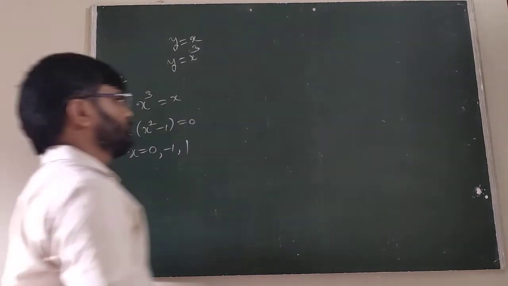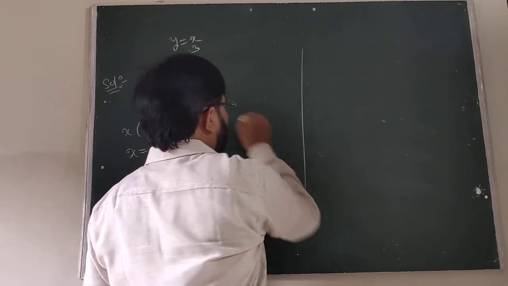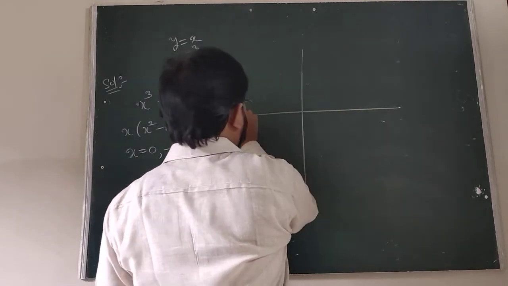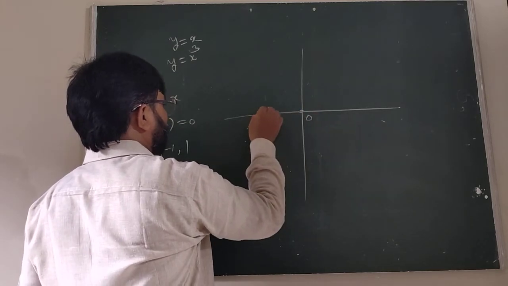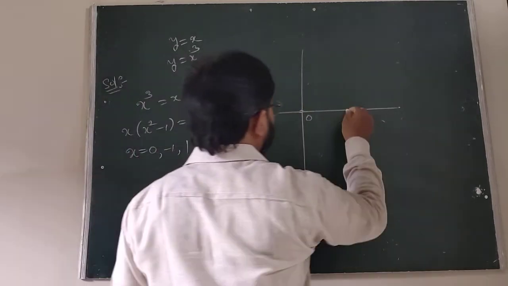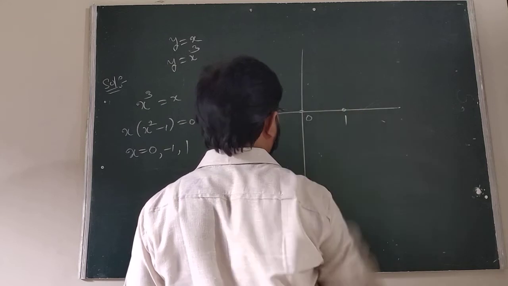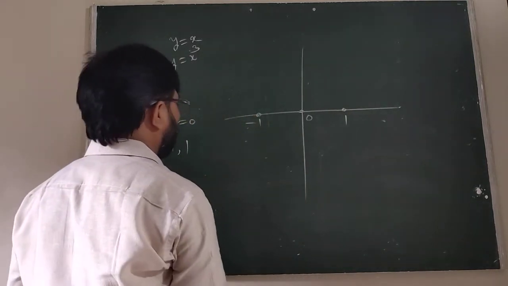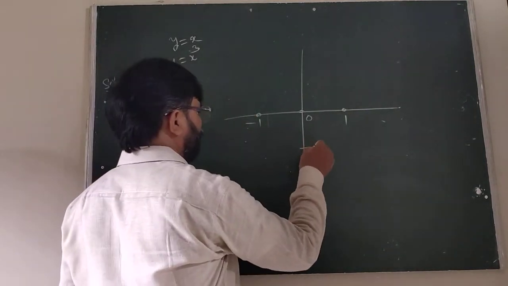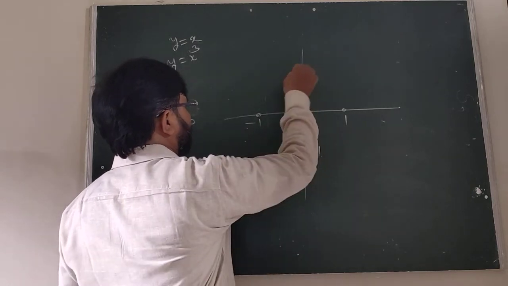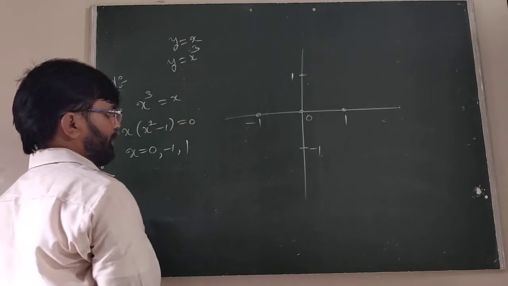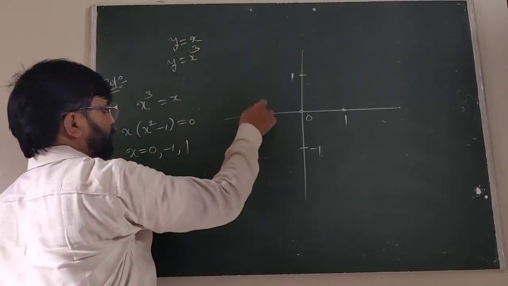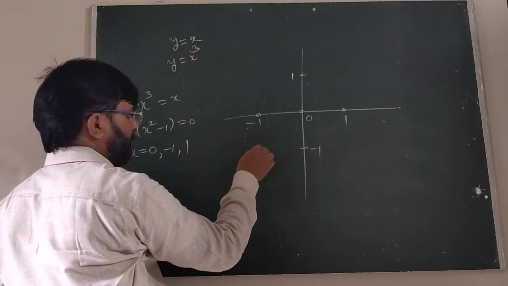Dear students, we can draw the graph. What we are getting: the limits are 0 first, then minus 1 and 1. Okay students, first we can draw the line. This is 1, this is 1. When we take the y equal to x graph, put x equal to minus 1, y is also minus 1.